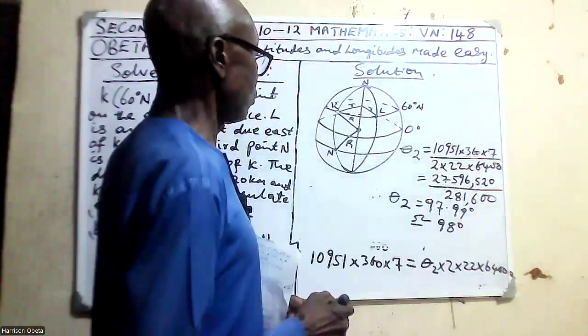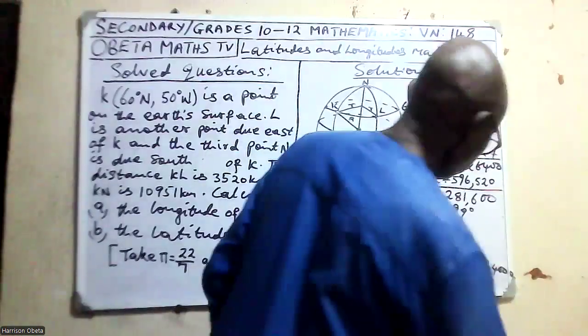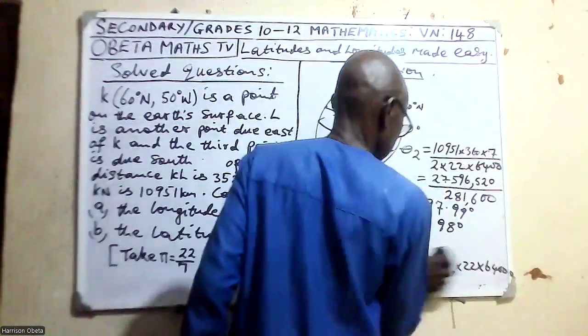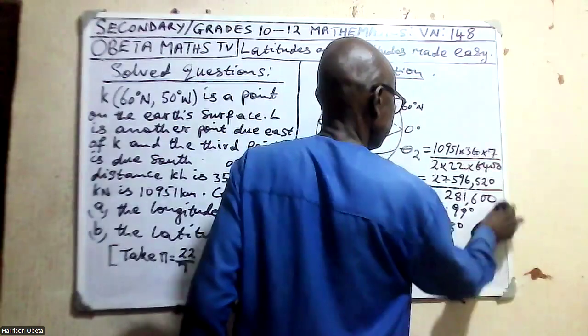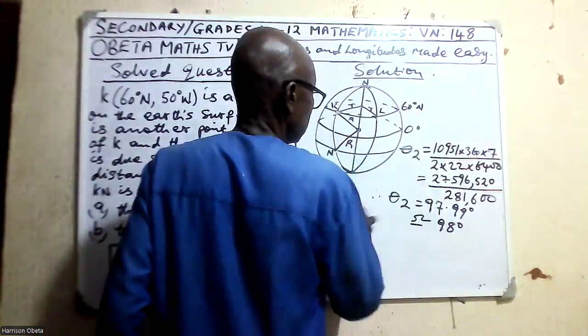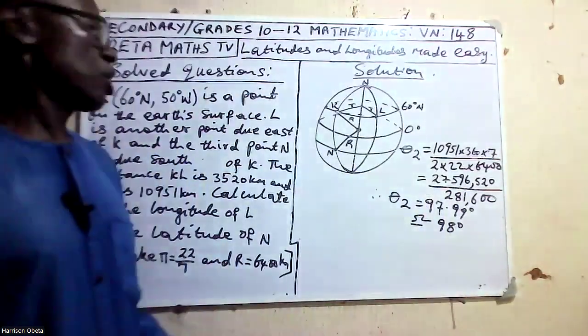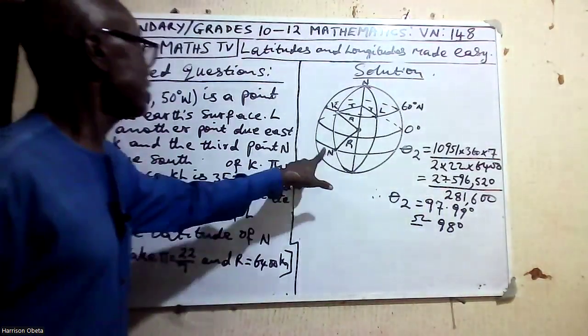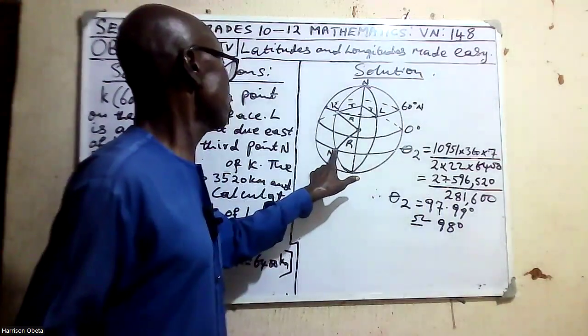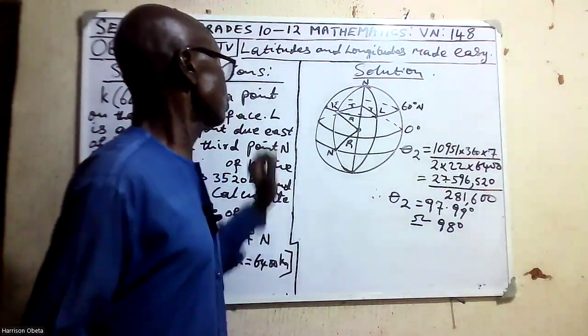That means the angular difference is 98 degrees. So now we have to check, because we are calculating the latitude of N, this particular latitude.